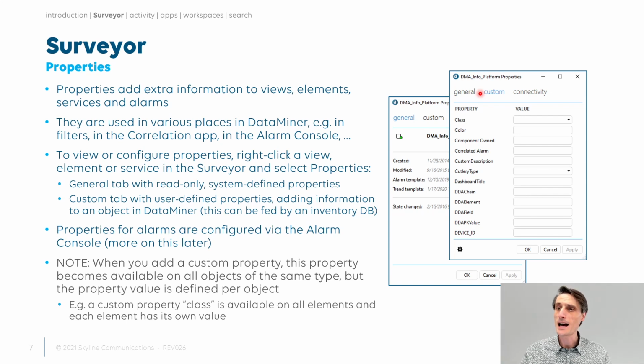So if you want to add, for instance, a class, if it's a gold, silver or bronze service, or maybe a contact person, or maybe if it's a manned or an unmanned site for a specific view, you can add that additional information. Also maybe a latitude, longitude that you will use later on through some other modules in DataMiner. Note there is a possibility to also automatically populate this with information coming from an inventory database if that would be required.